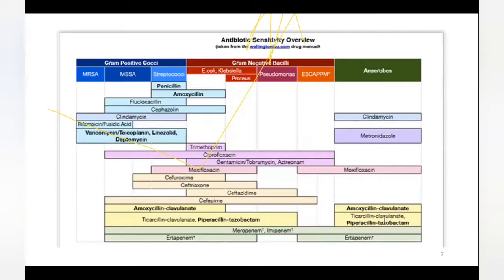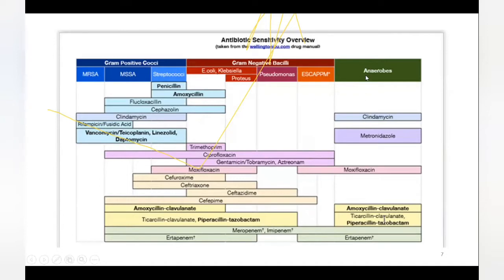Then the next slide is the antibiotic sensitivity overview. While preparing the antibiotic policy, as I said before, the spectrum of antibiotic action should be under consideration. For example, as you can see from this slide, penicillin is active against streptococci, or amoxicillin is active against streptococci, E. coli, and Klebsiella.